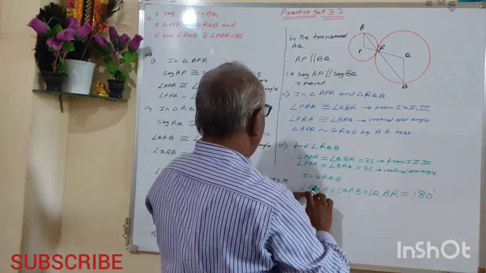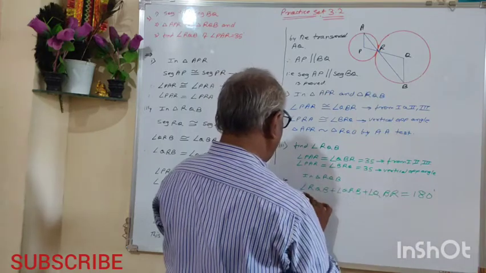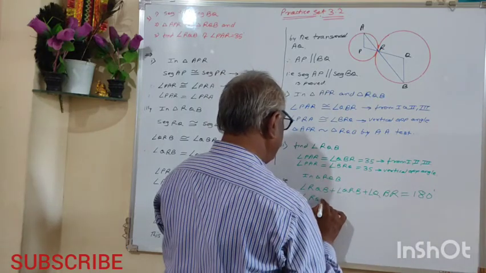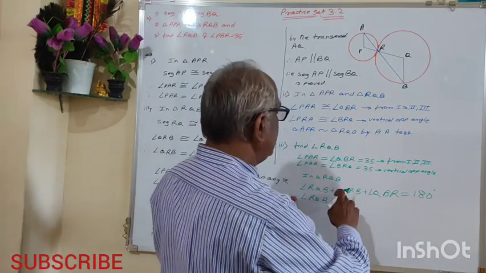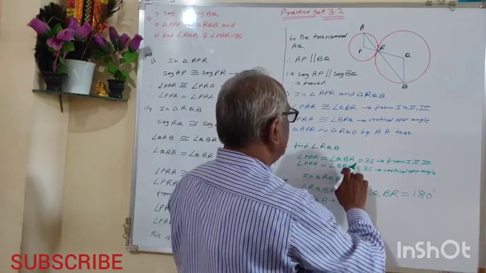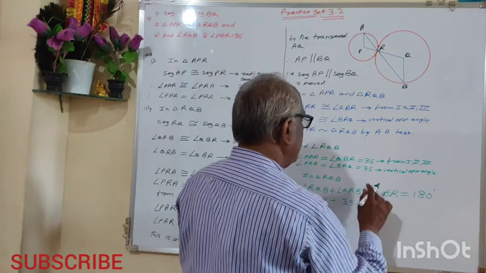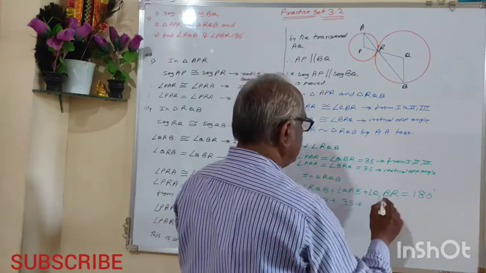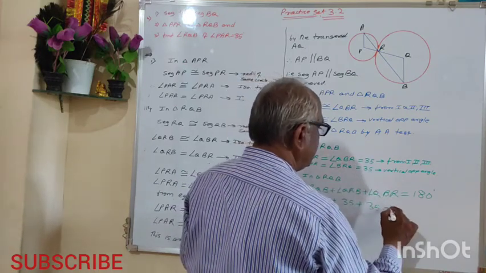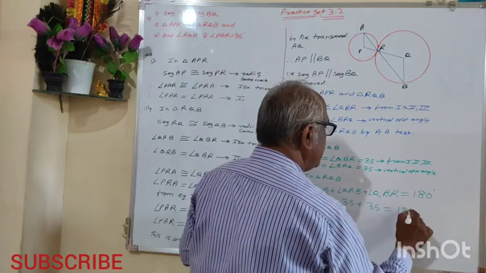Angle RQB, that we are going to find, plus angle QRB, that is 35 degree, plus angle QBR, that is also given, it is 35 degree, which is equal to 180 degree.